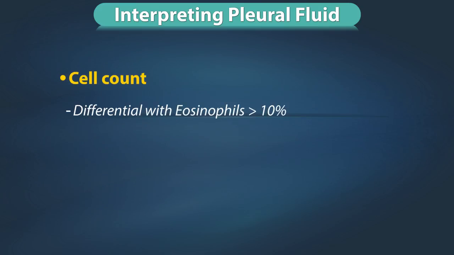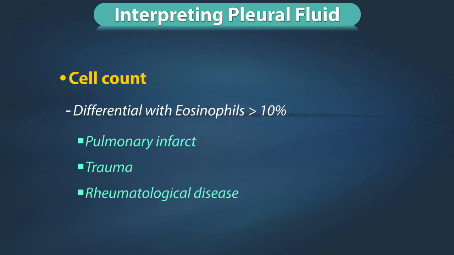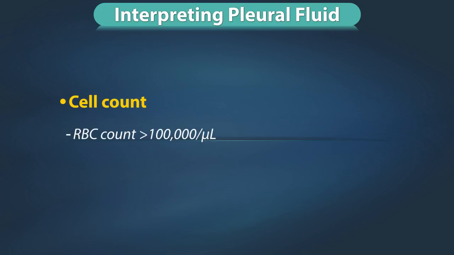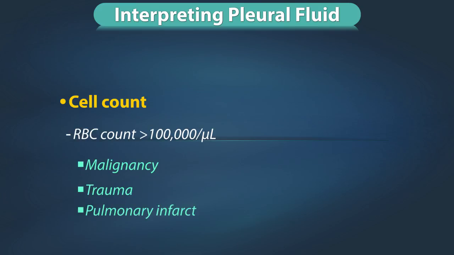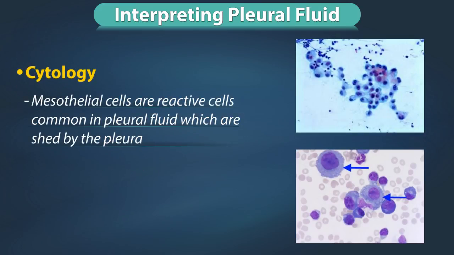A differential count with more than 10% eosinophils can be seen in pulmonary infarct, trauma, or rheumatological disease. RBC count more than 1 lakh per microliter is suggestive of malignancy, trauma or pulmonary infarct. Cytology.